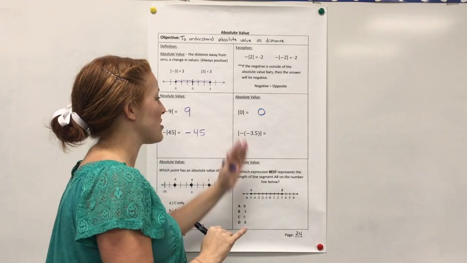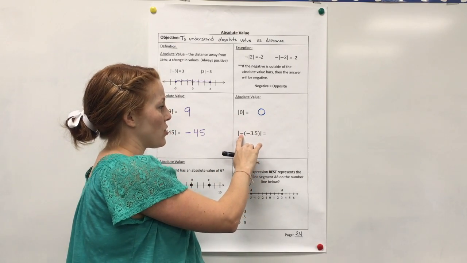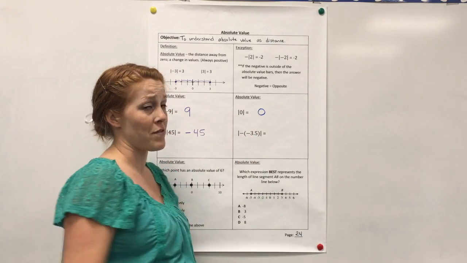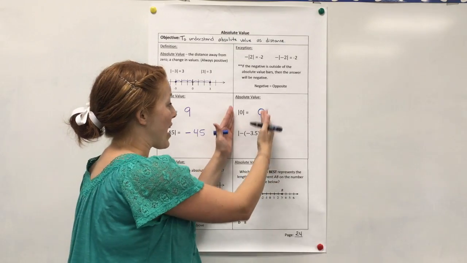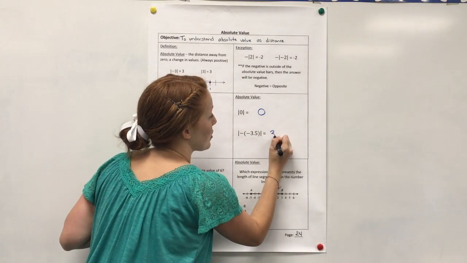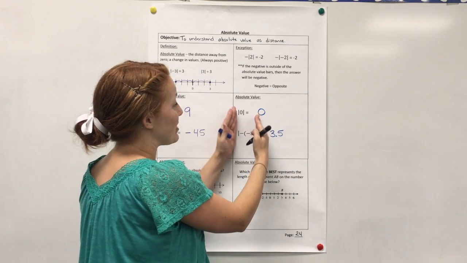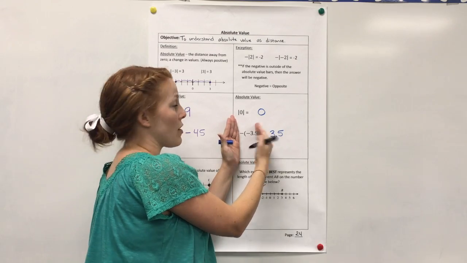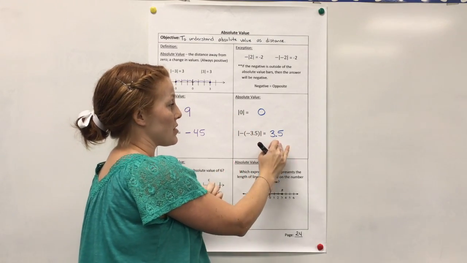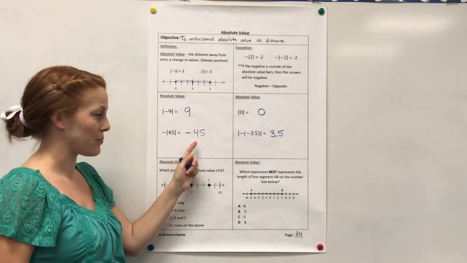So you could think of this as -3.5. What's the opposite of that? The opposite of -3.5 is 3.5, and the absolute value of 3.5 is 3.5. So again, if all the negatives are inside the absolute value bars, you don't have to worry about them. Your answer is going to be positive. Only when it's on the outside do you have to remember to carry that to your answer.